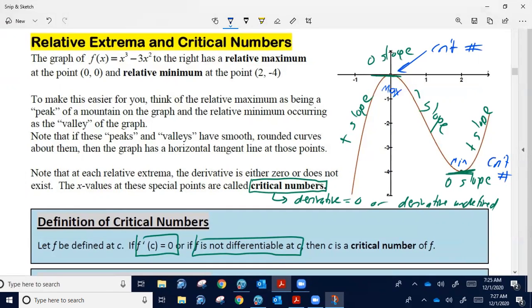So we have a maximum value and a minimum value, and they occur when we have that 0 slope, which is a critical number. So finding a critical number is critically important because it leads us to maxes and mins potentially. And finding the max and the min is important across various fields.